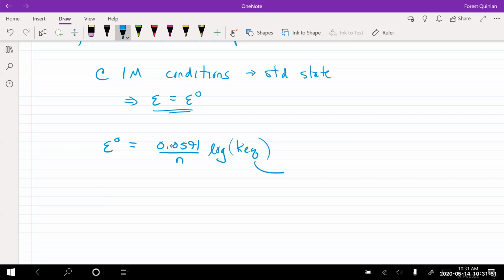So the KEQ is the KSP, right? So what do we do here? We take n over 0.0591 times the E naught is equal to log of the KSP.